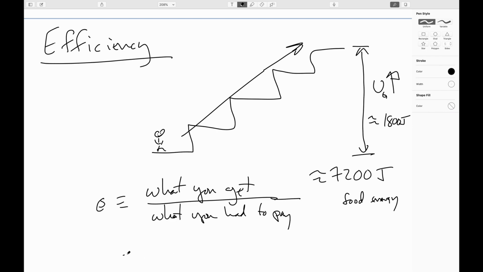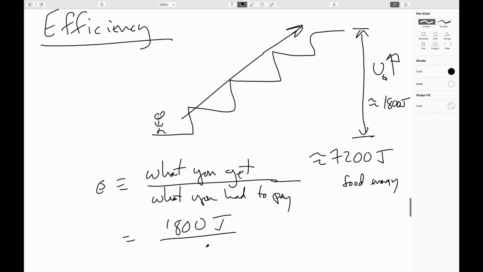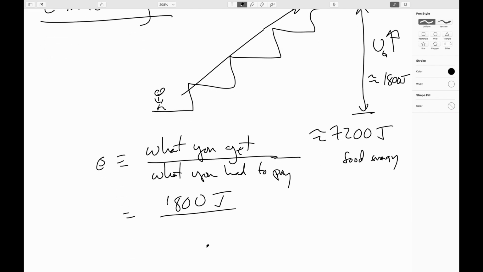So here, what did we get? We got 1,800 joules of useful work raising you up the flight of stairs. What'd you pay to do that? 7,200 joules of food energy. In this case, you literally paid to get that food to put it into your body. So anyway, that works out to be about 0.25, so 25%.